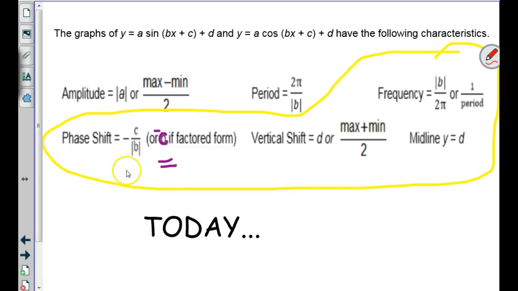Phase shift, opposite of C, if it's factored. Is it fixed on yours? Oh, okay. We're not doing that today anyway.